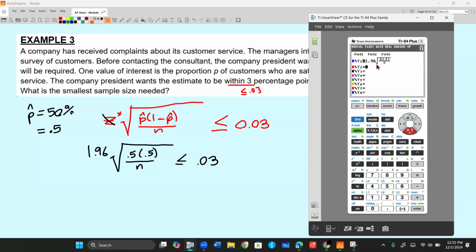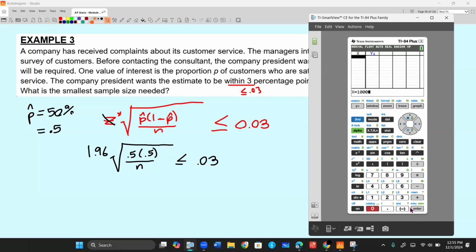And what you can do is go into your table. Now you can scroll down to 1,000, but that's going to take you a while. You can see the higher I go, the smaller my margin of error becomes. Well, I don't want to do that, so I want to go into my second window and set my table to ask. So instead of auto, make your independent ask, and then you can go into a second graph and start playing around with numbers.